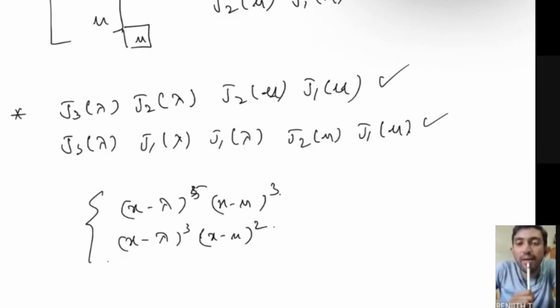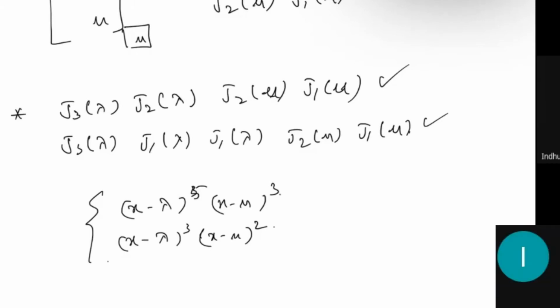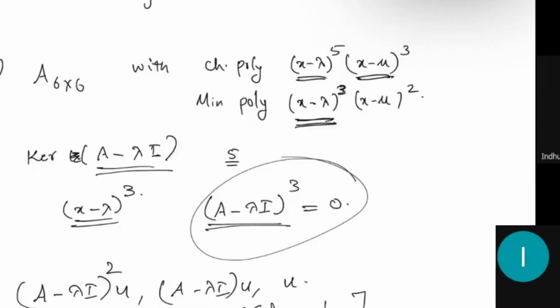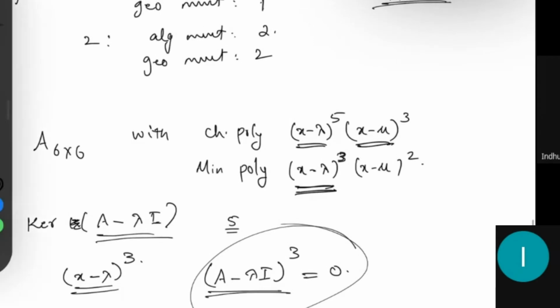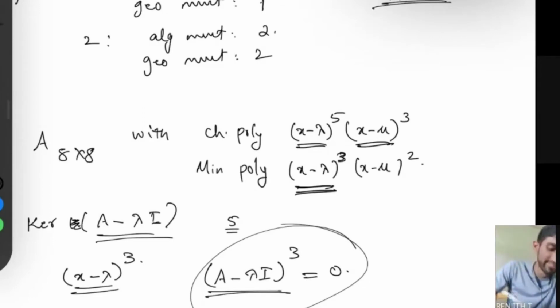Sir, initially the given matrix is 6 cross 6. Is it possible to have (x minus lambda) to the power 5 as the characteristic polynomial, sir? Okay, sir, it was 8 by 8.